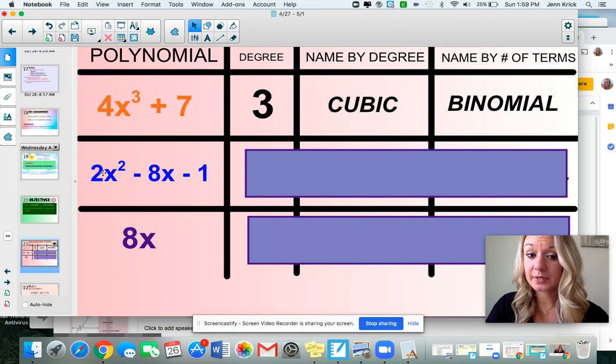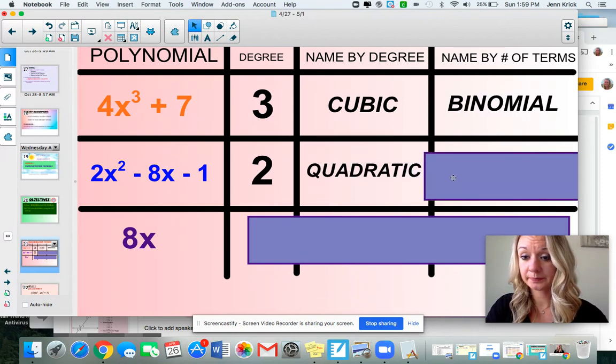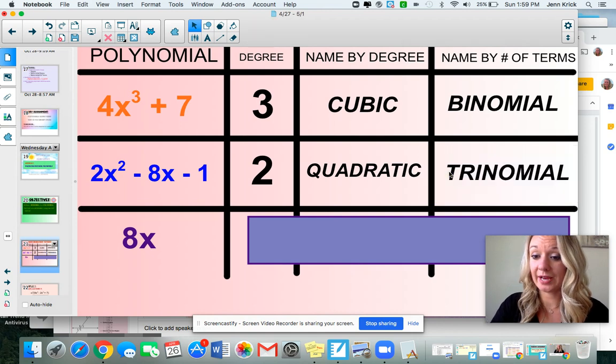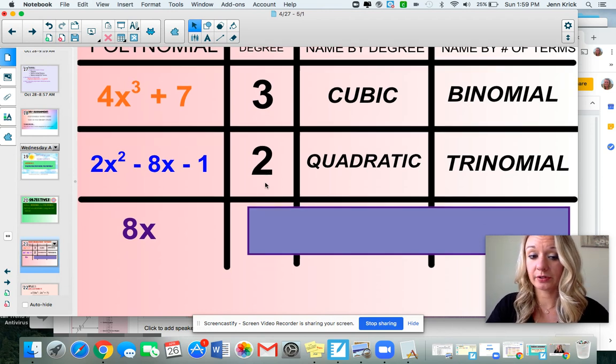For our blue example here, the degree is 2 because that's the highest exponent. If it has a degree of 2, we consider it quadratic. Because there are 3 terms, that would be known as a trinomial. So you could call this a second degree trinomial or a quadratic trinomial. You can do whatever you want as long as you can identify all components.